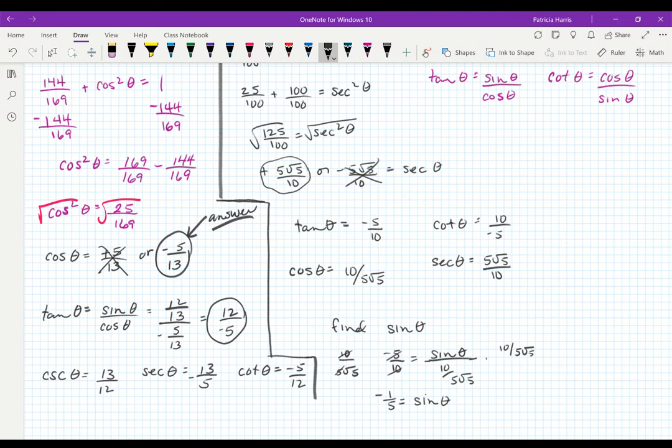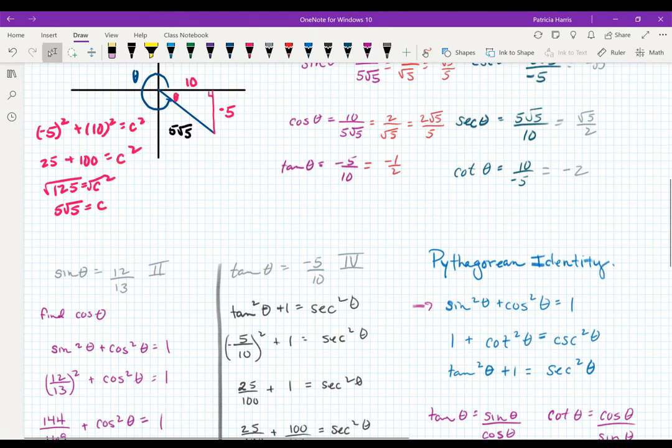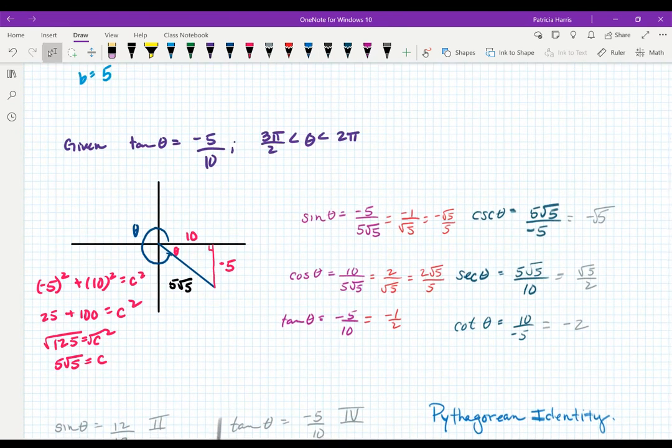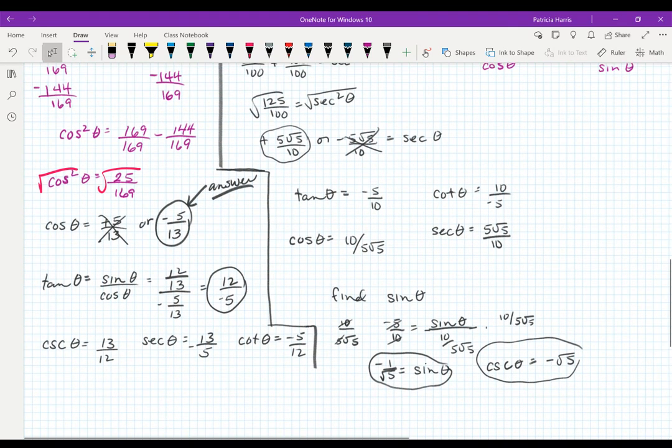And then, oops, I forgot my radical. I got cosecant, just like that. Notice I'm not simplifying these. I'm not too sure which one would be easier for you, the picture or the formulas, but it's up to you either way. So thank you for viewing, and we're going to post another couple.